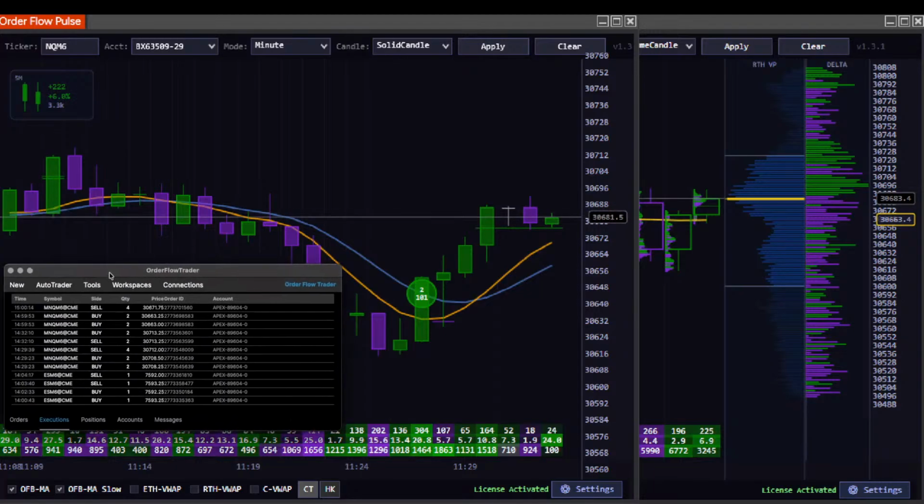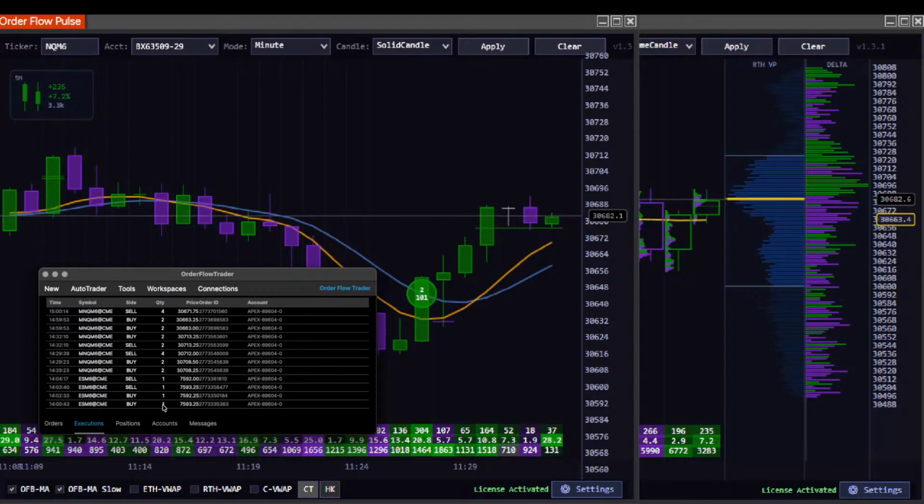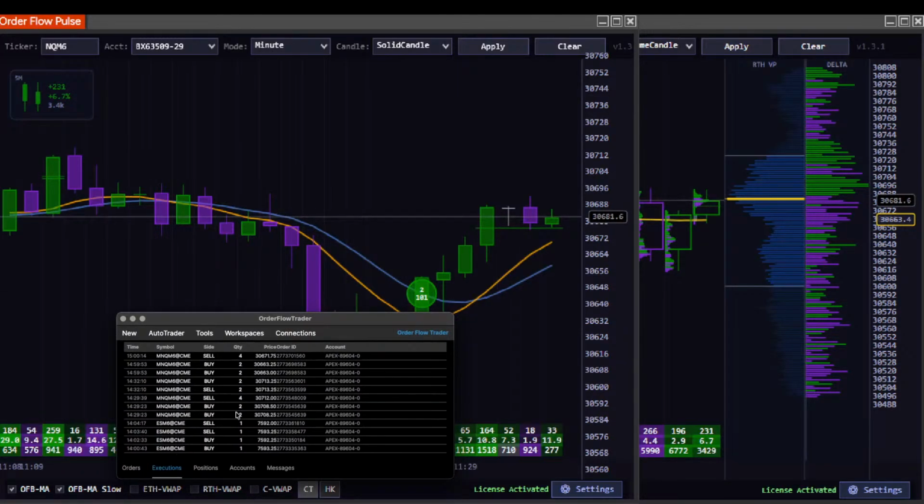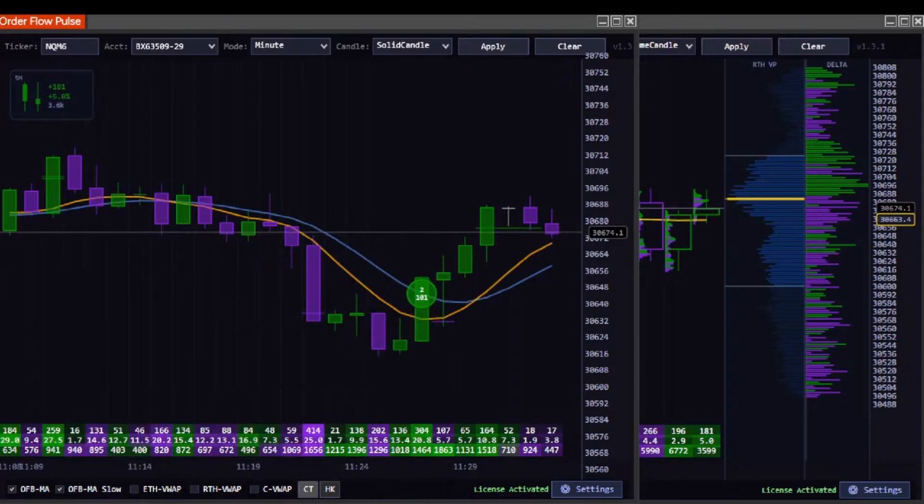So it made like a 1 point trade on the ES and then sold it again, about a 1 point trade. The text is too small. I just can't read it. It's on my MacBook. On my other screen, it's fine. But the HFT actually did some pretty good trades today.